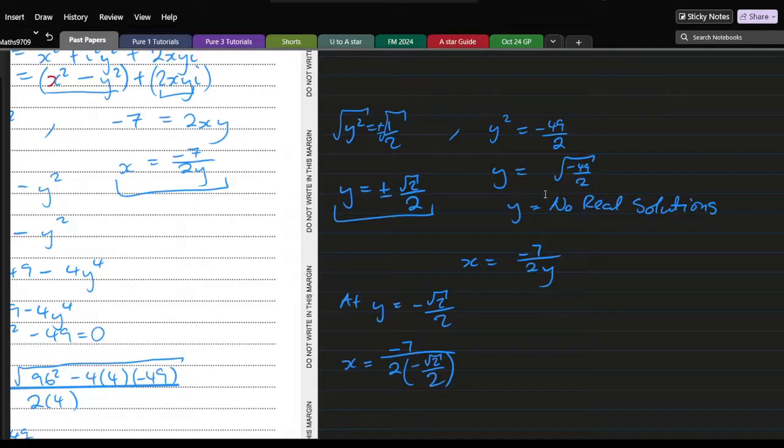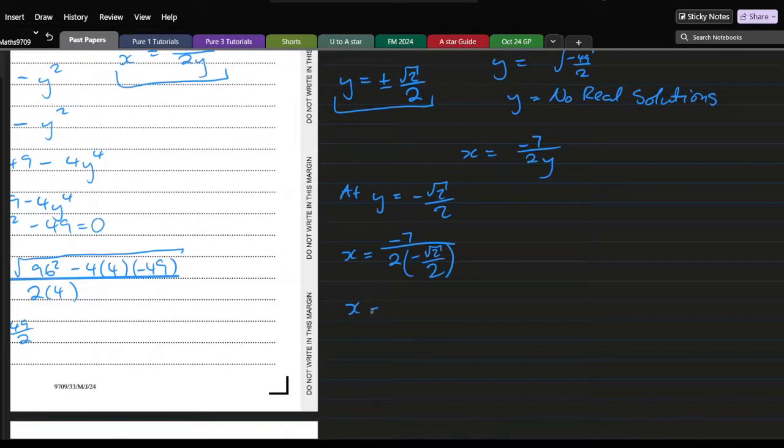So this means that x is equal to, the negative signs cancel out, those 2 and that 2 cancel out, so we've got 7 over root 2. Okay, so let's evaluate at y is positive root 2 over 2. X here is equal to negative 7 over 2 times root 2 over 2. Alright, so our 2's will cancel out here, so x is equal to negative 7 over root 2.